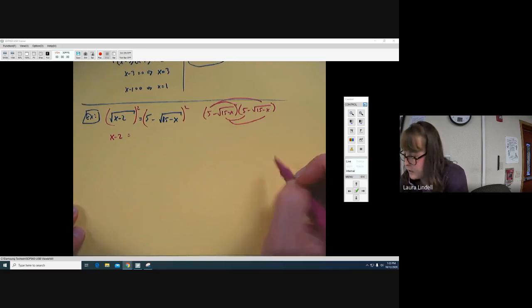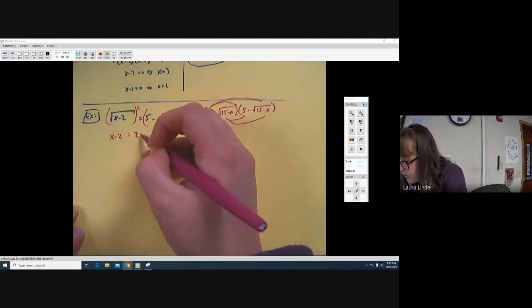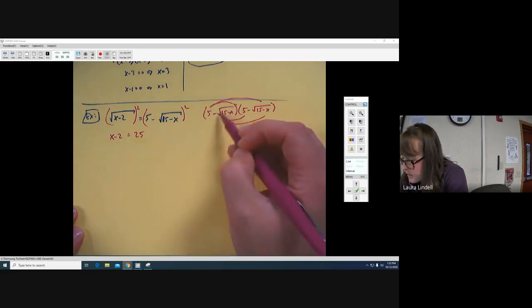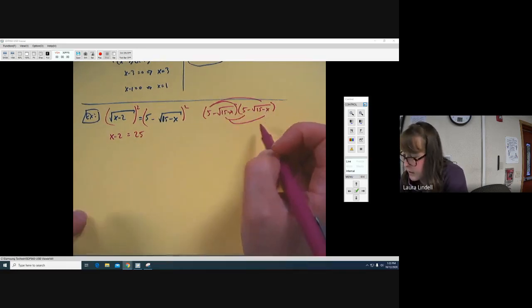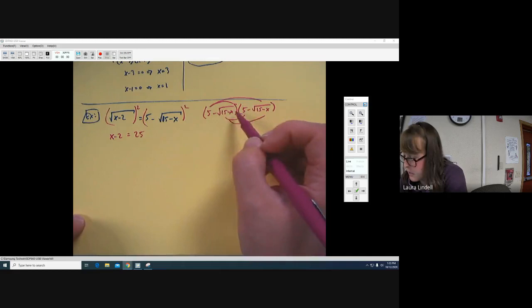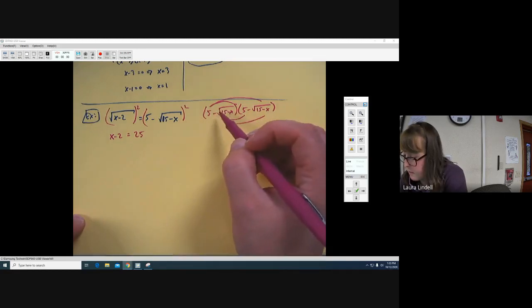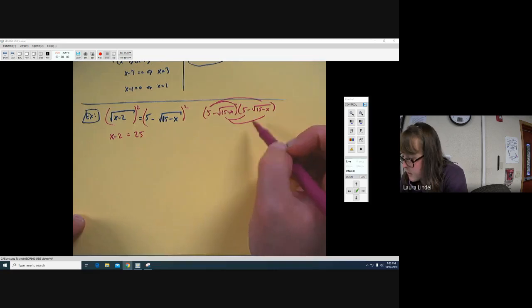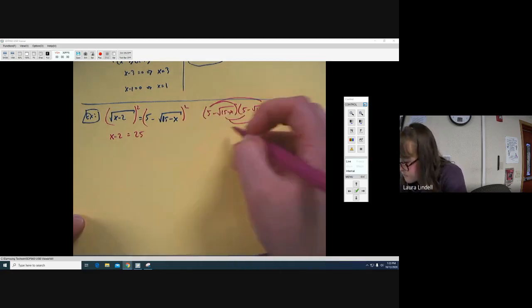Okay, so 5 times 5 is 25. I'm going to treat this kind of like it's an x in a way. Like when you go through and multiply, I'm just going to leave it as minus 5 times root of 15 minus x, and then minus 5 times root of 15 minus x again.